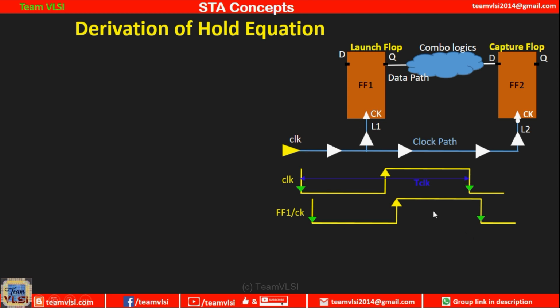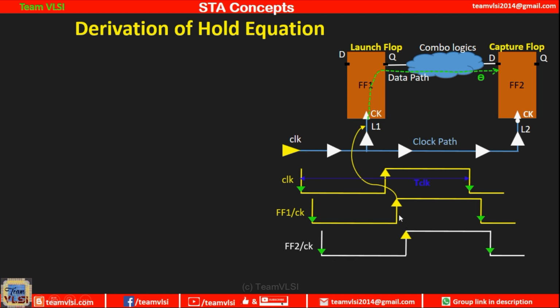Okay, so on this positive edge our launch flop will launch the data, and once the data is launched by this launch flop, it will move and be captured by the capture flop, and the capture flop will see the clock, a delayed version of the original clock, from this clock pin. So we have considered here that the difference in timing of this edge is L2, that is the latency of the capture flop, right?